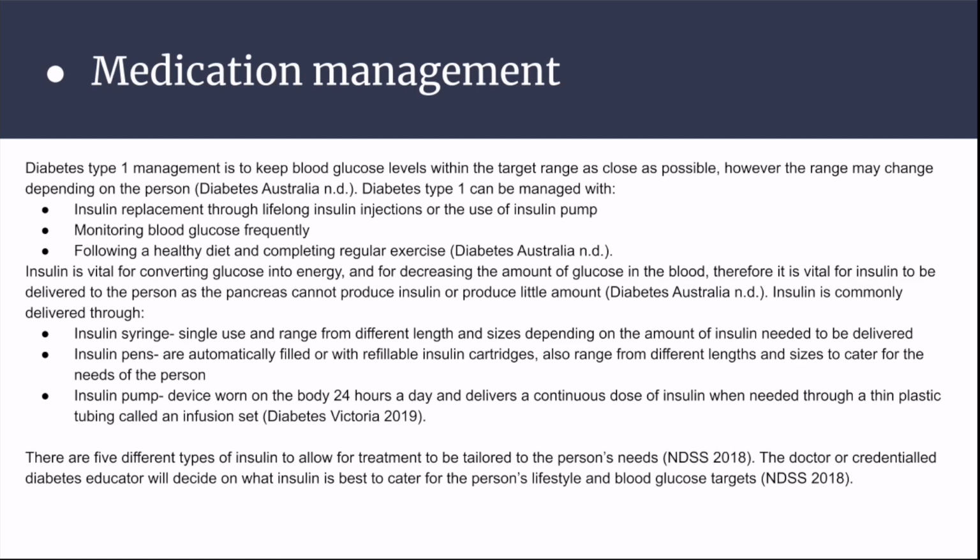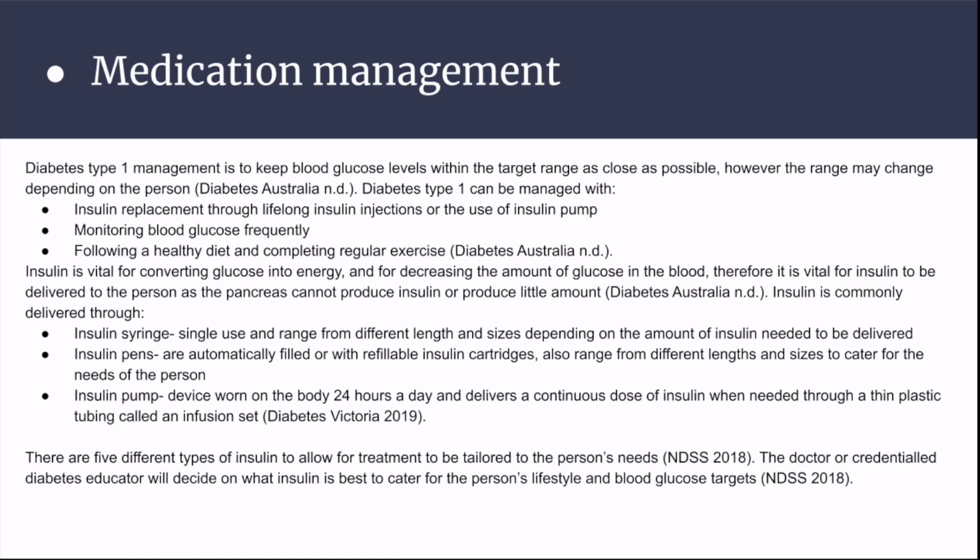The fourth type of insulin is long-acting insulin. This provides a constant release of insulin over 24 hours. Therefore, it is important to be injected at the same time each day, known as Mellitus. The fifth and last type of insulin is mixed insulin. This is where two types of insulin are in one injection.